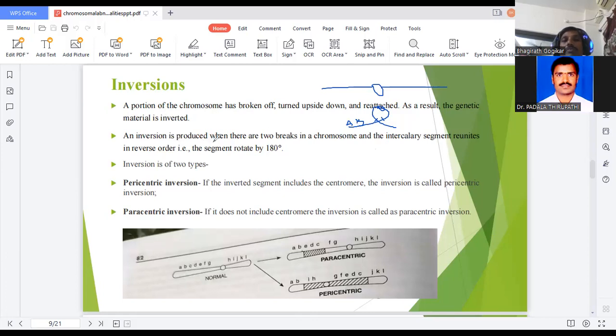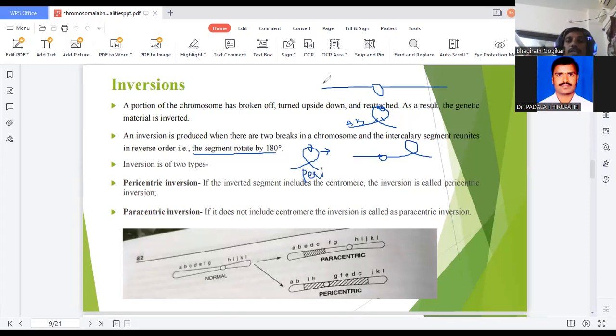So an inversion is produced when there are 2 breaks in a chromosome and the intercalary segment reunites in reverse order, due to the segment rotating by 180 degrees. The inverted segment sometimes contains the centromere, sometimes not. When the inverted segment contains the centromere, this type of inversion is called pericentric. What is that? Pericentric.